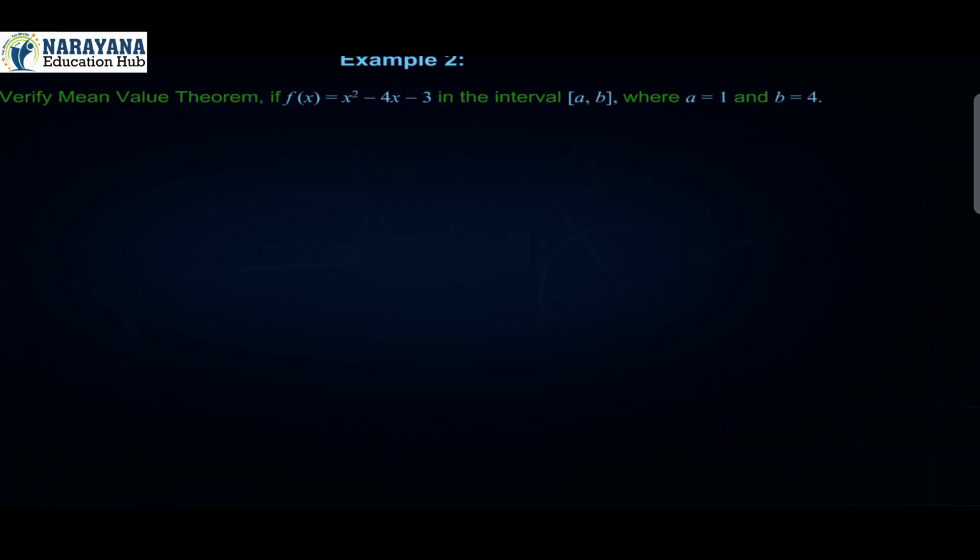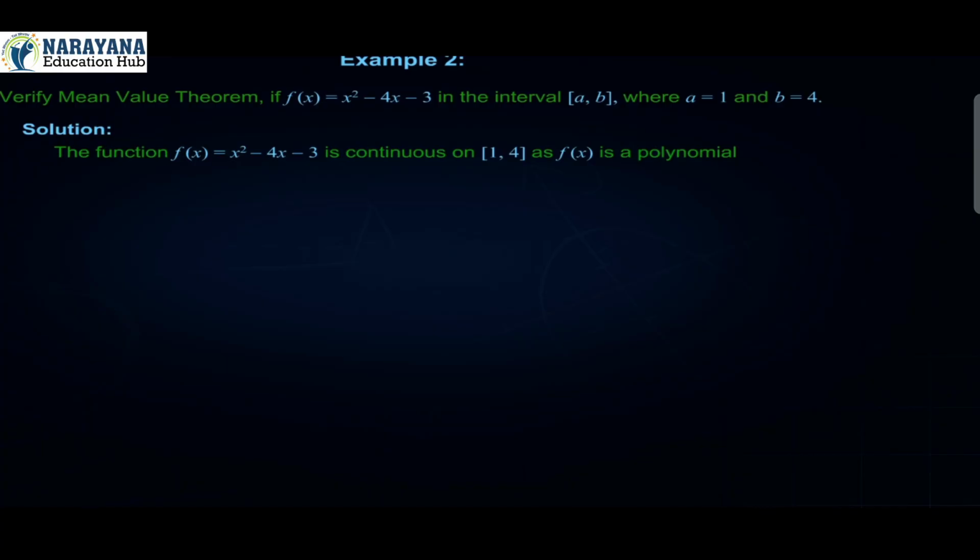Example 2. Verify the mean value theorem if f(x) = x^2 - 4x - 3 in the closed interval [a, b], where a = 1 and b = 4. Solution. The function f(x) = x^2 - 4x - 3 is continuous on the closed interval [1, 4].